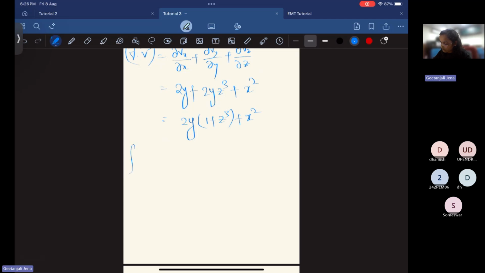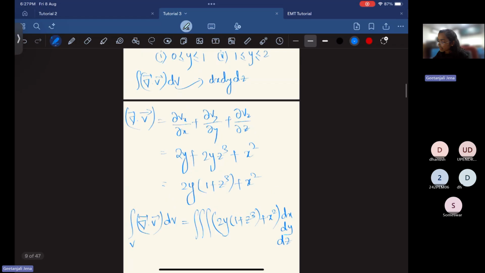This is the divergence of the function v. Now the integral of the divergence of v dv over the volume is the triple integration of 2y times 1 plus z cube plus x square dx dy dz.